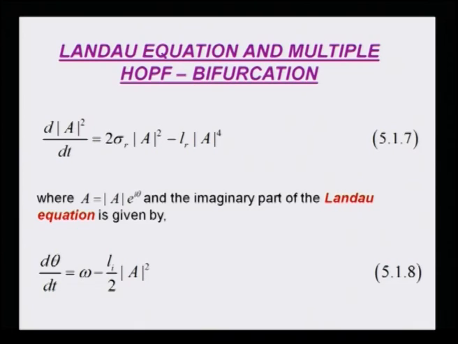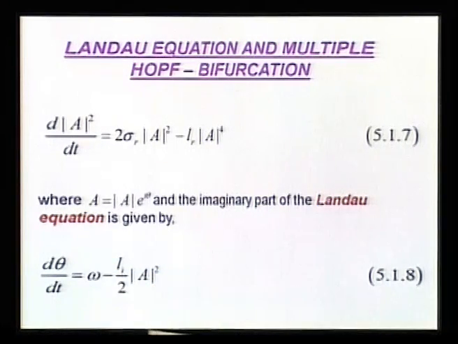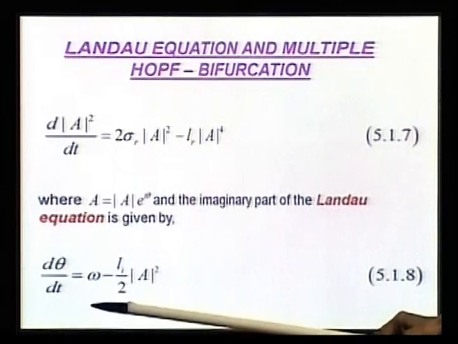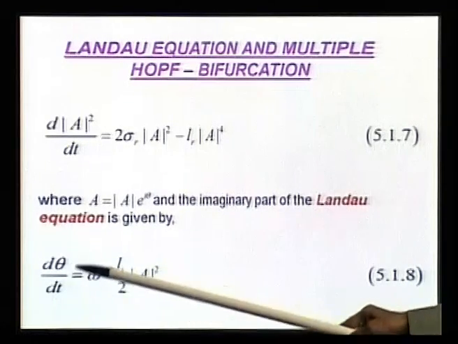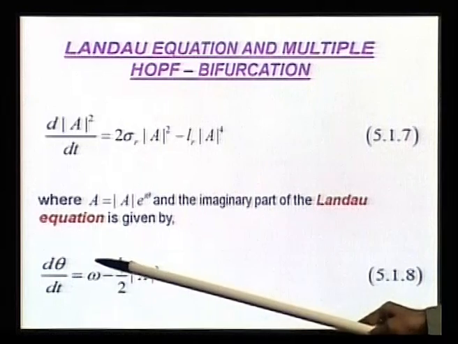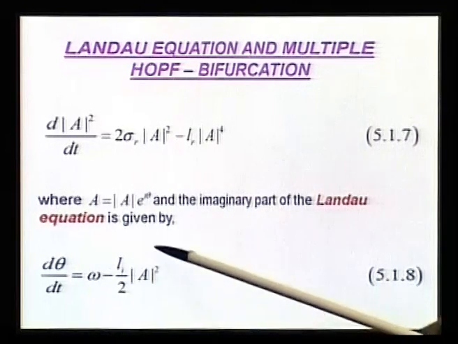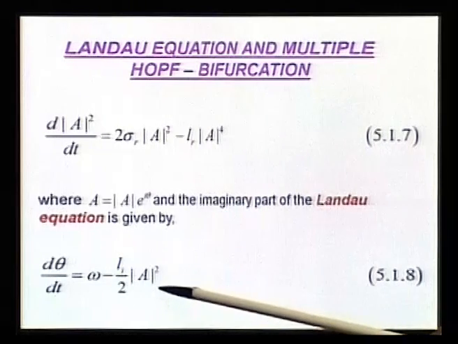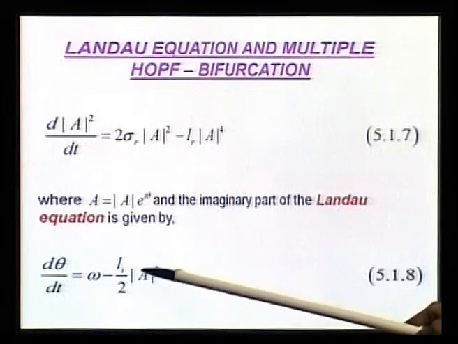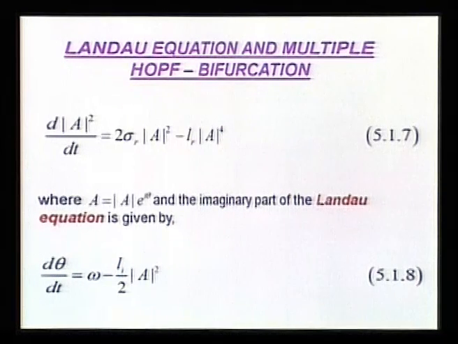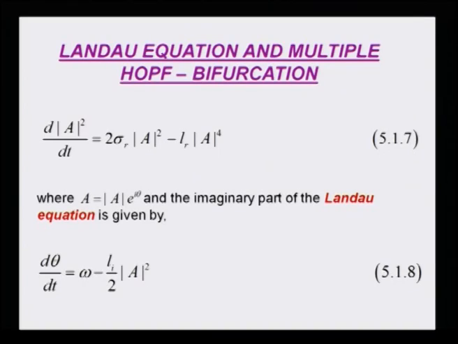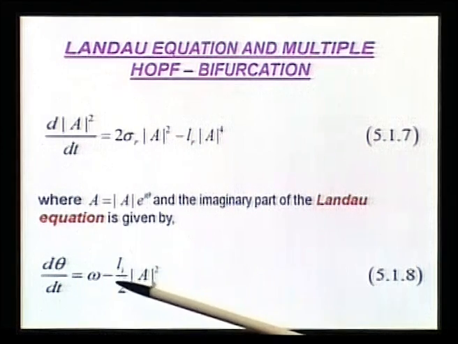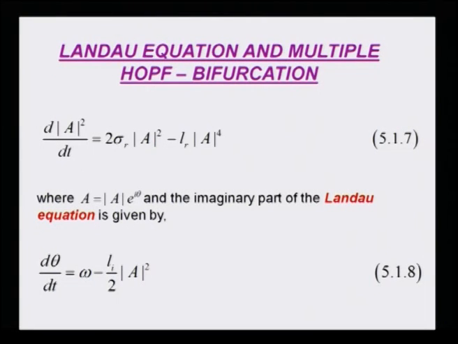So, that actually will give you a frequency of shedding, and this frequency of shedding is rather interesting, because what it shows is that this frequency of shedding of the nonlinear dynamical system is equal to what is given by the linear system modified by this part, and this part has come about from the Landau equation. And what it shows is that this frequency is proportional to the amplitude. That is an important thing, one of the important aspects of nonlinearity, amplitude dependence, right. And of course, it also depends on the imaginary part of the Landau coefficient, right.